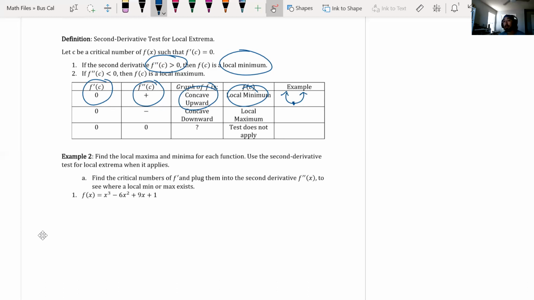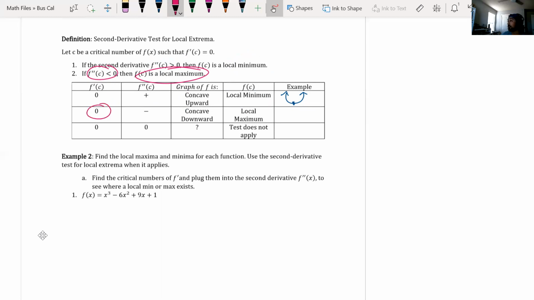Number 2, if the second derivative is negative at the critical number c, then you will have a local maximum. I'll run through the chart explaining number 2. To find a critical number, we set the first derivative equal to 0, and then we plug that critical number into the second derivative.